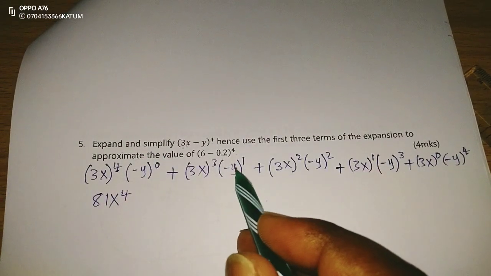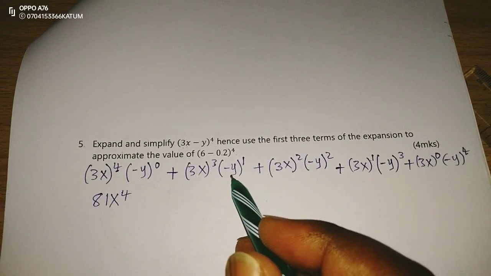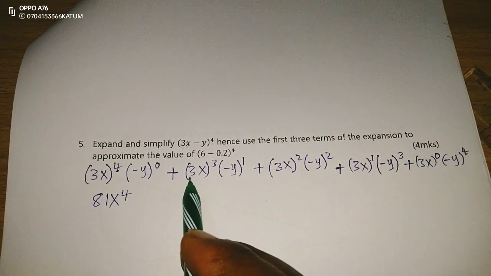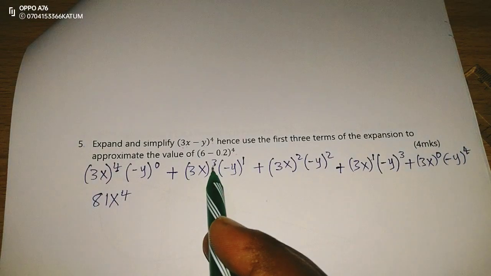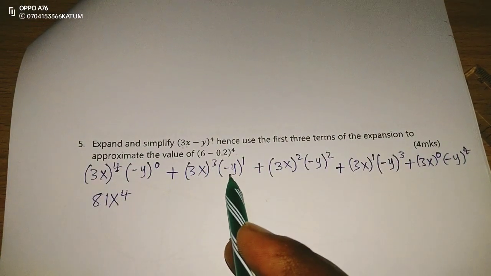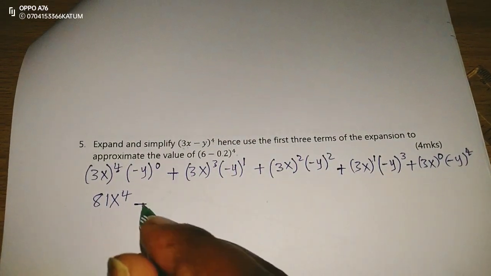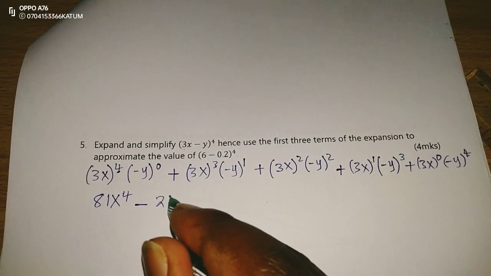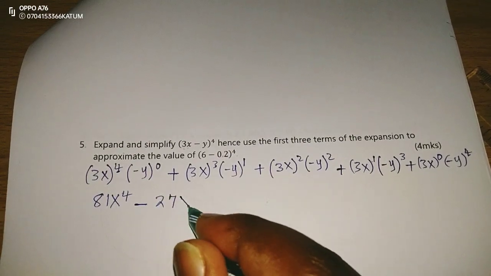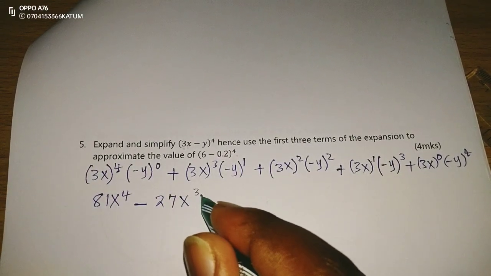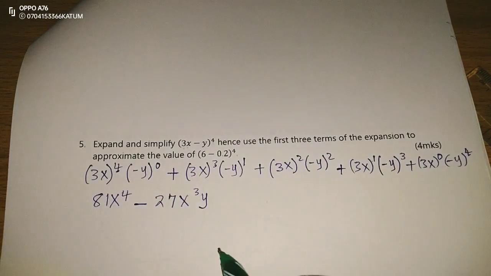Then now negative y is raised to 1, so it remains the way it is, negative y. And (3x)^3 becomes 27x^3. Then we multiply it with negative y, so the resulting sign is going to be negative: −27x^3 y.